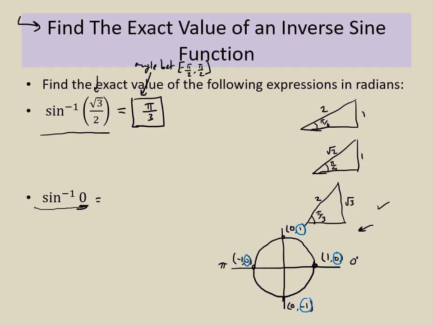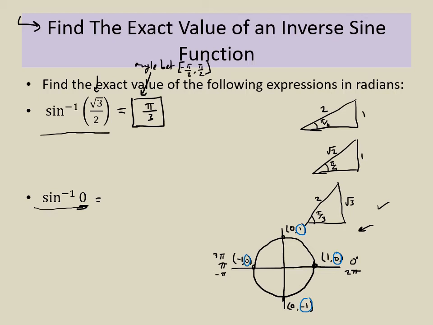Not only that, but 2 pi. That's the same angle as 0, right? Sine of 2 pi is 0. And sine of 3 pi. And so on. I can even go in the negative direction, right? I can say that negative pi is also 0.